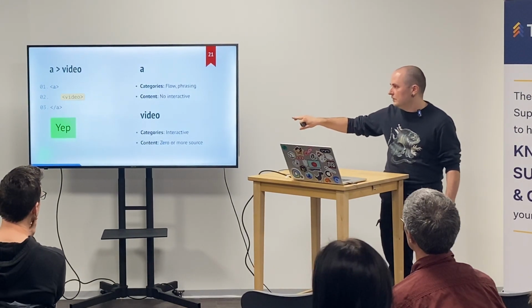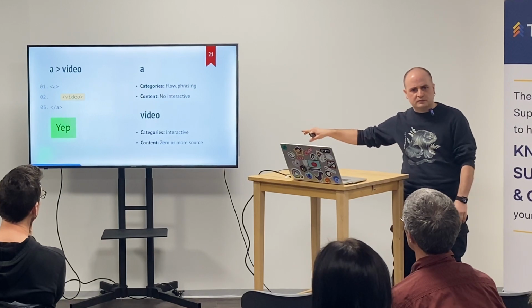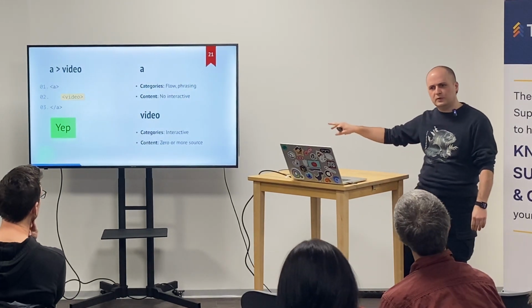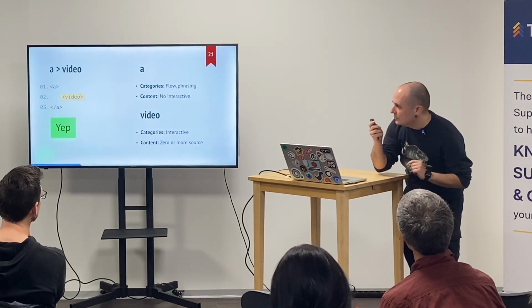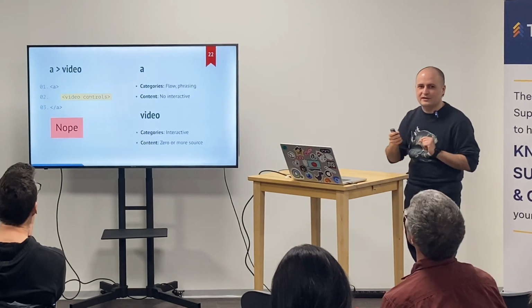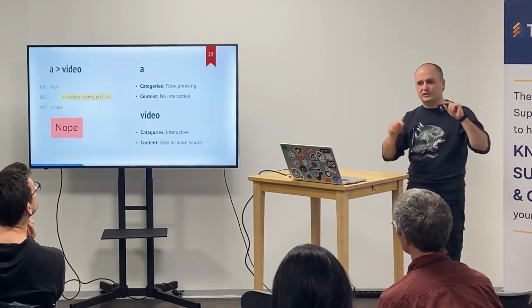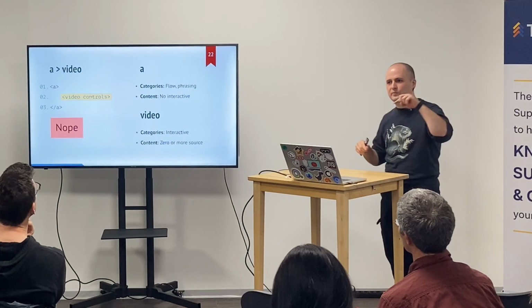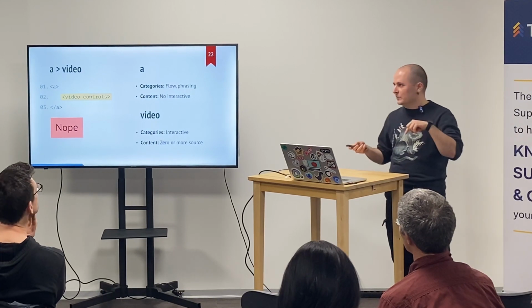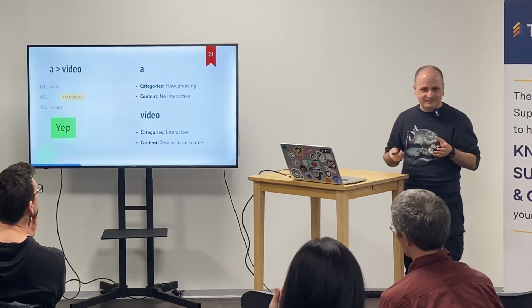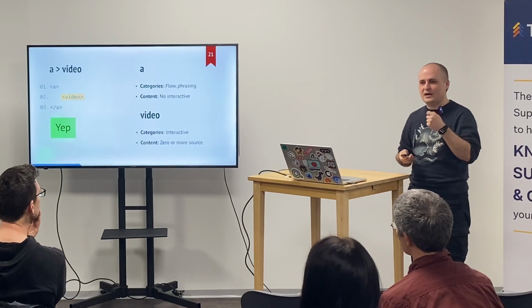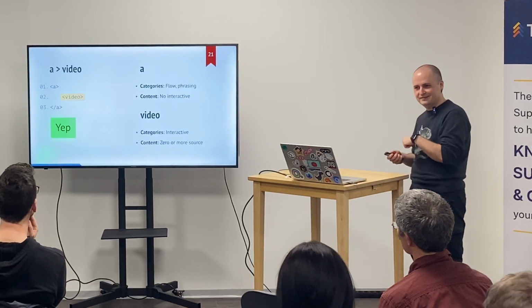And video is interactive, but still, yes. Why is it so? Because when you add the controls attribute, it's not allowed inside of a link, because with controls you have a play button, a pause button, etc. But without controls, it's fine. So it depends on the attribute, not the actual tag.